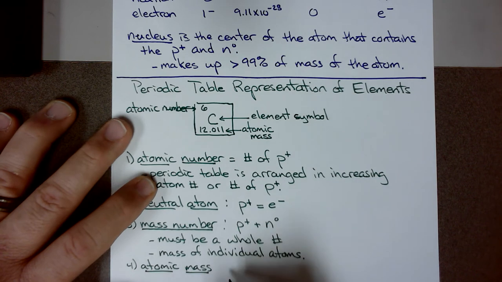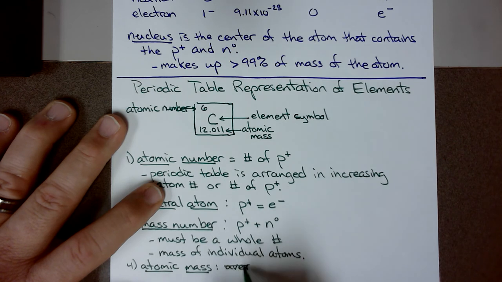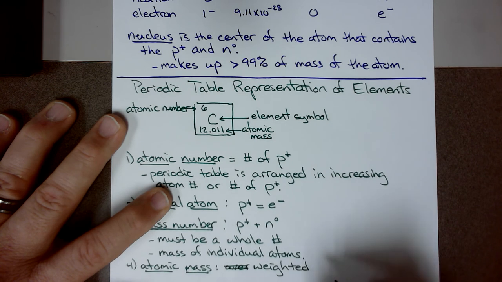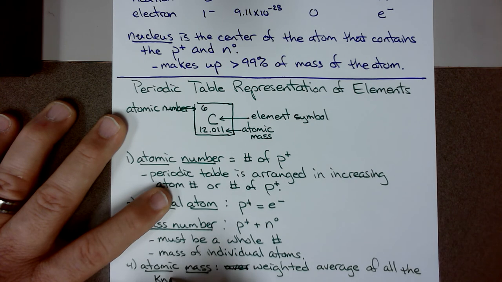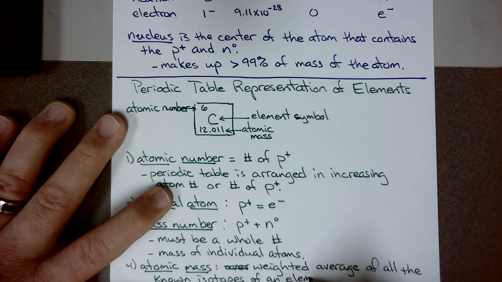Atomic mass is the average, or I should say the weighted average, of all the known isotopes of an element. And it is not a whole number.